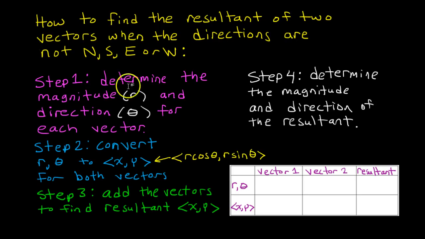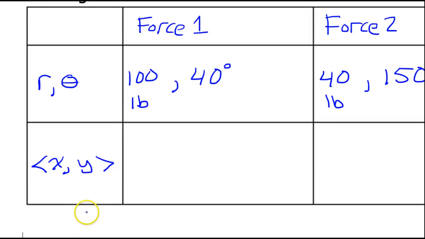We have done step one of the four-step process. We have determined the magnitude and direction for each vector. Step two, convert the magnitude and direction to component form using the little formula r cosine theta, r sine theta.